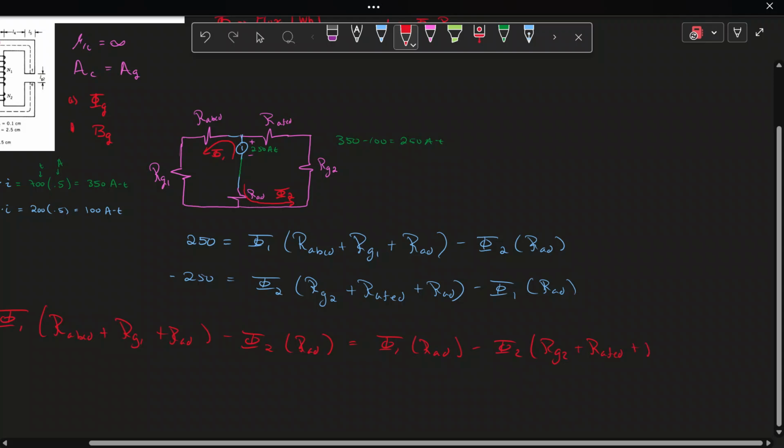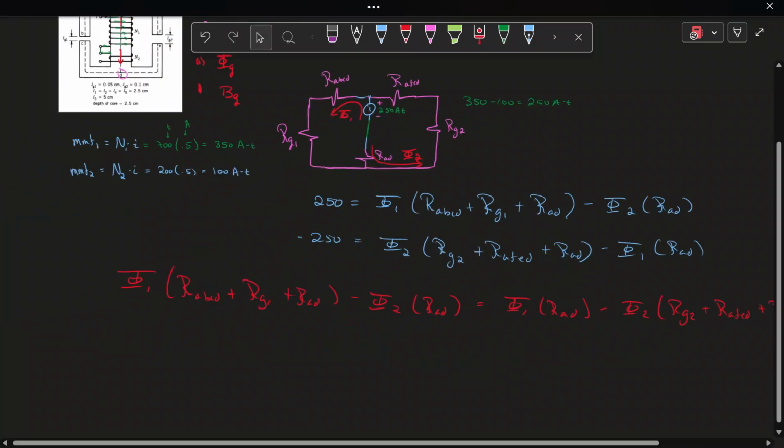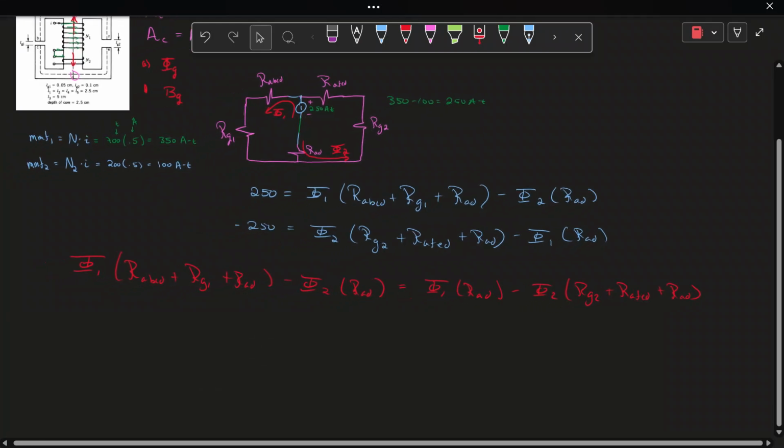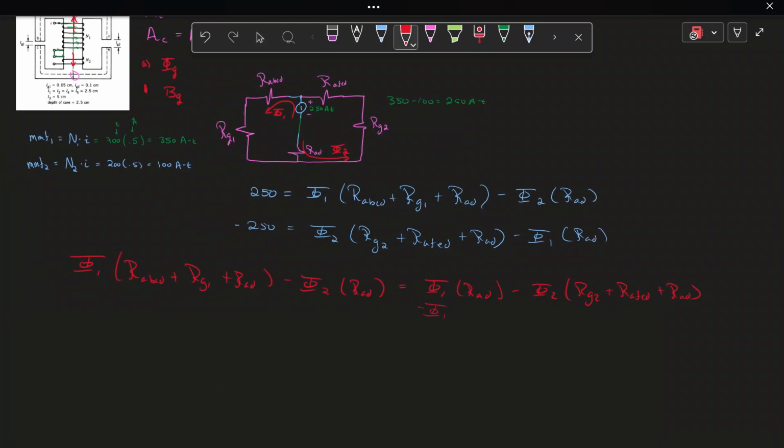Okay, well, what else can we do? Well, let's get flux 1 on the left side and flux 2 on the right side. So what we can do is subtract flux 1 reluctance AD, and add flux 2 reluctance AD to both sides here.